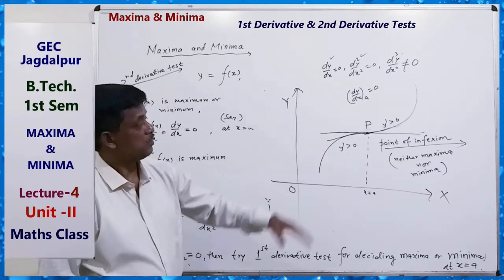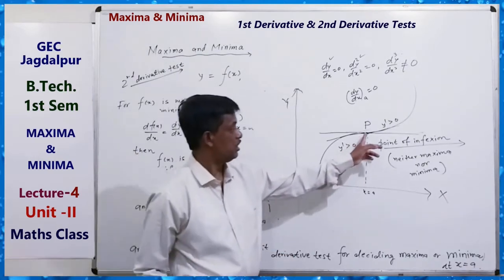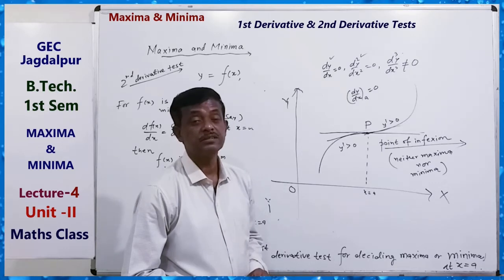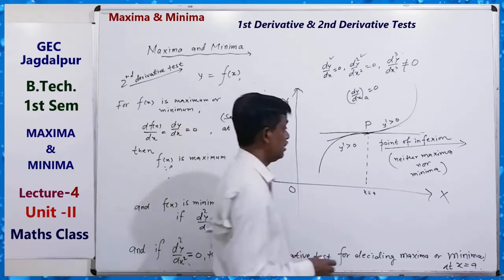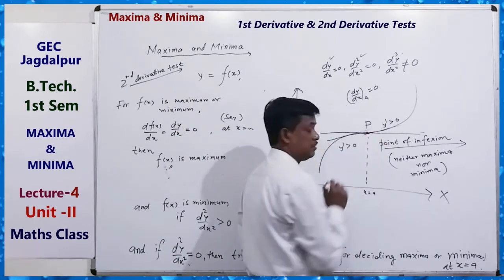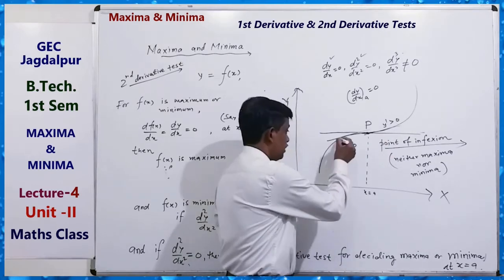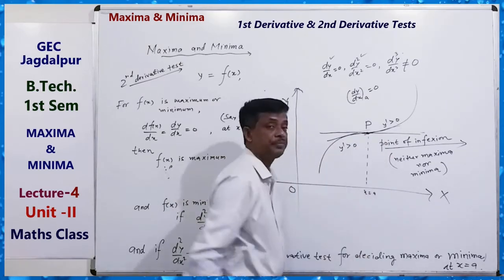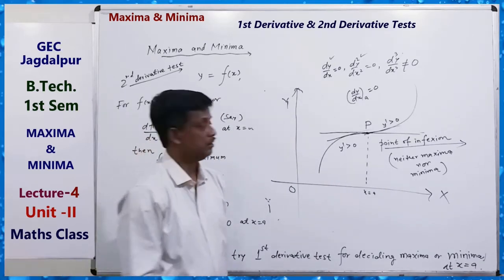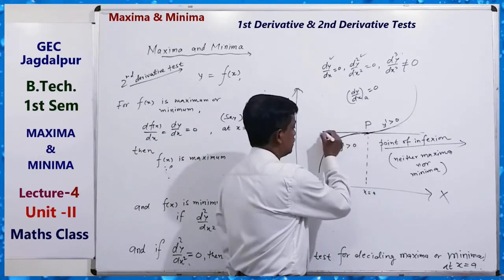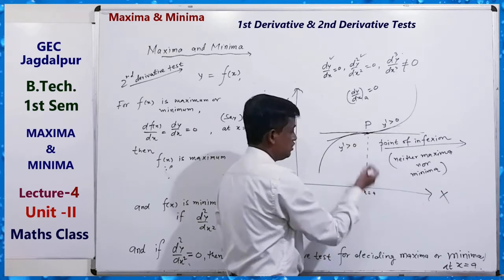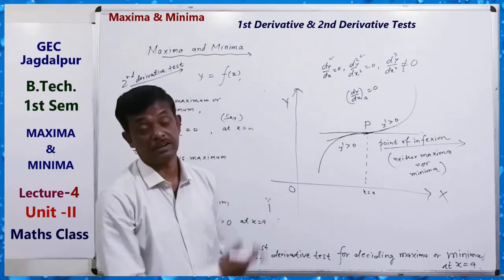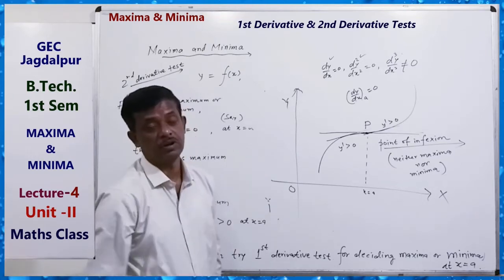So point of inflection means the point where the derivative does not change its sign. But in this place, the derivative as a function, its value is 0, and the second derivative will also be 0 at such types of points.